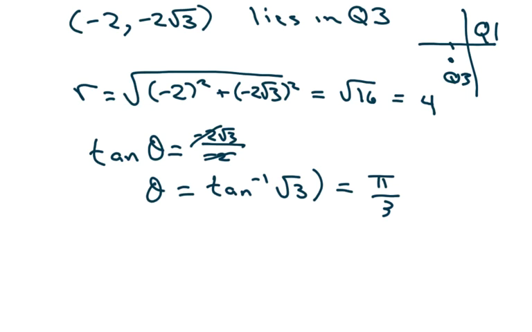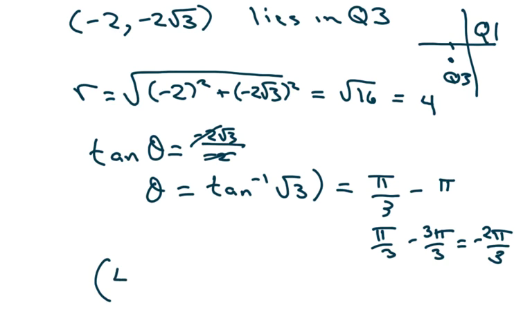So what we're going to have to do is subtract pi, and we're going to get pi over 3 minus 3 pi over 3, which gives us negative 2 pi over 3. So our point is going to be 4, comma, negative 2 pi over 3.